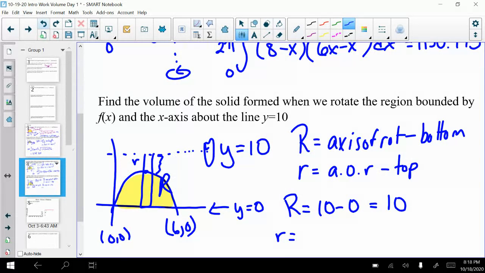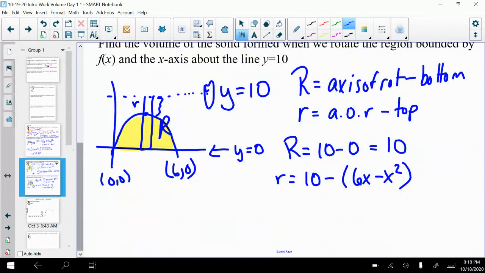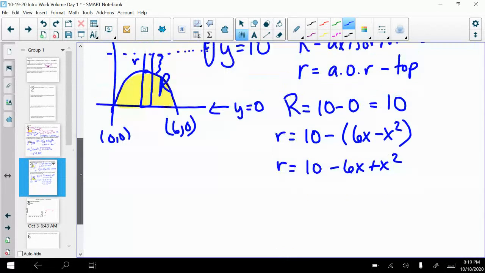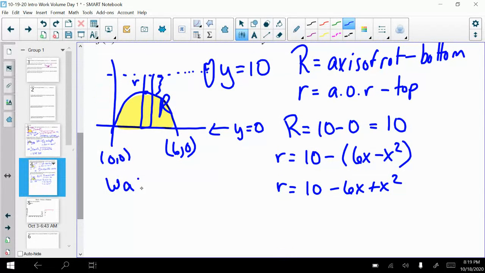So little r is 10 minus the top, 6x minus x squared, which I'm going to write a little bit cleaner as 10 minus 6x plus x squared to make my life easier. But in any case, we should be recognizing that this is a washer, so we need to set it up in that area minus area situation.